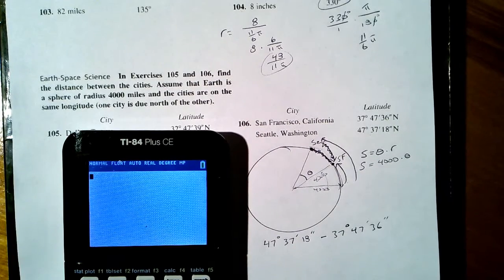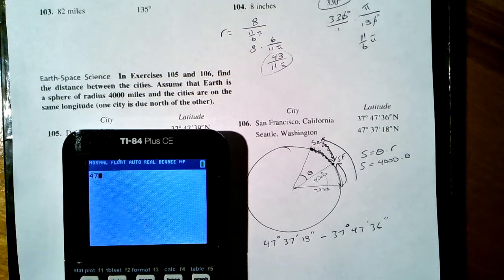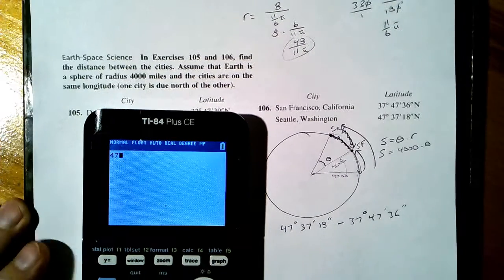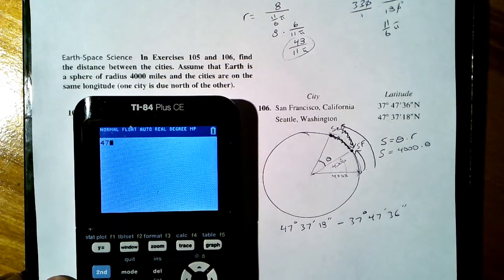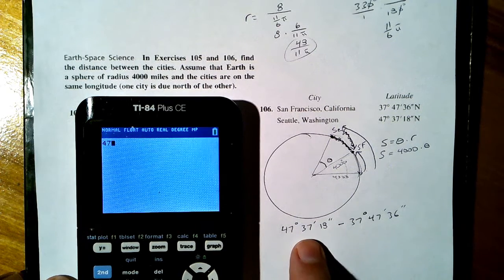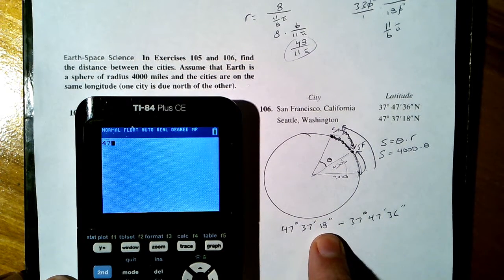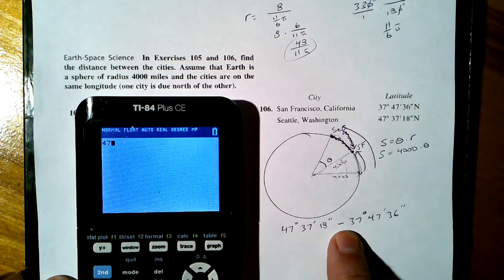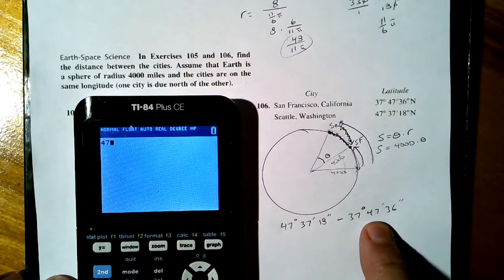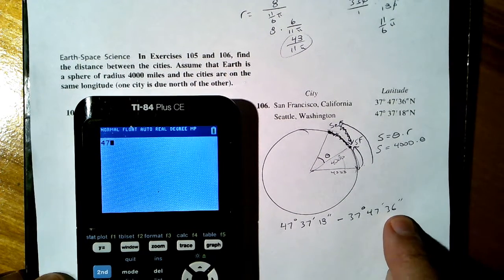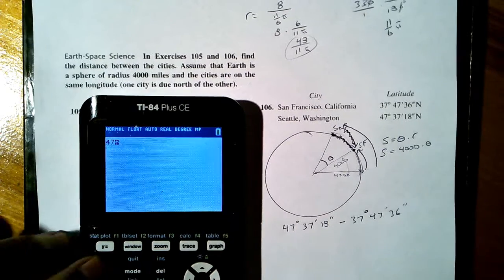Let's go. Truthfully, I don't use degrees, minutes, seconds, but most students end up liking it, so I'm going to do it that way. I would go 47 plus 37 on 60 plus 18 on 3600 minus quantity 37 plus 47 on 60 plus 36 on 3600. But I'll go ahead and do this.